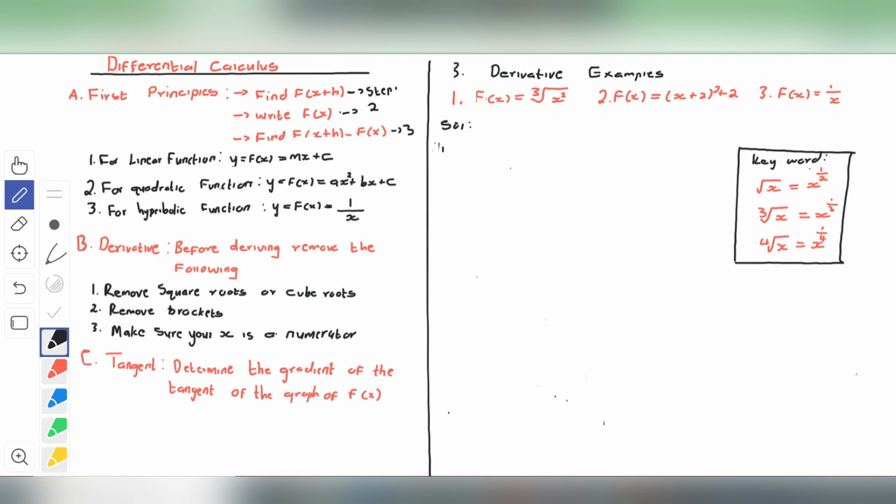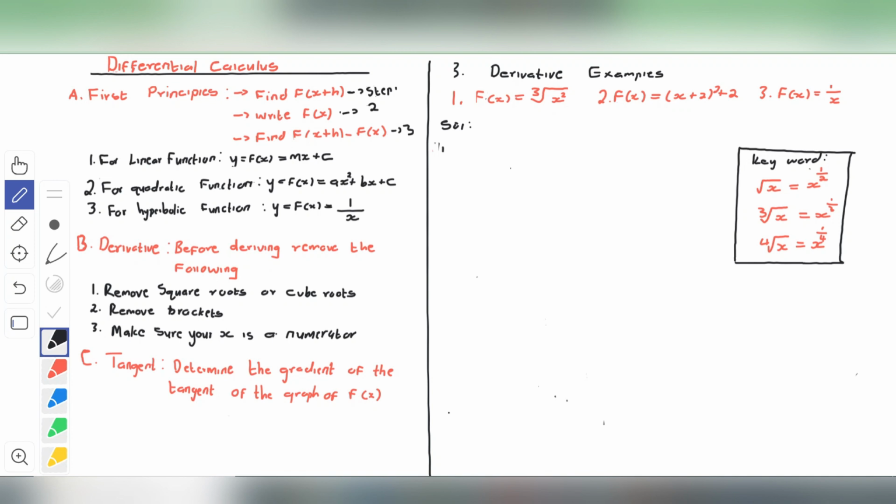That is the first. The second thing is if you have brackets in your equation, you need to remove those brackets before deriving, right? And lastly, make sure your x is in the numerator. Remember, sometimes you can be given 2 all over 2x.